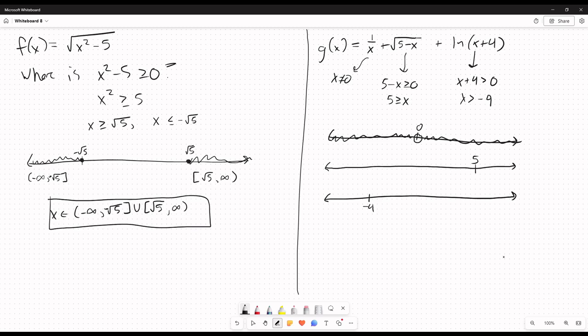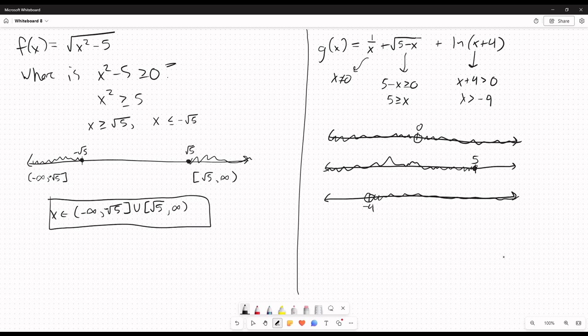The second is defined only for values less than and including 5, so its domain looks something like this. And this last one is all values bigger than negative 4. It doesn't include negative 4, and the domain looks like that.